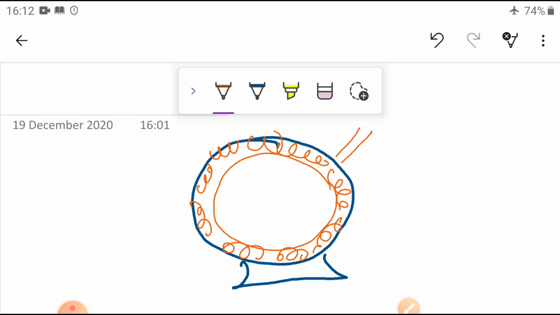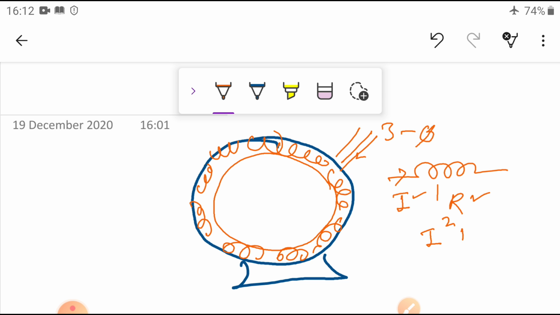When a 3-phase electrical supply is given, the current flows in the stator winding, and this winding has some resistance. The current is flowing through this inductive value. Due to I and R, there are I square R losses in the winding, producing some heat energy.